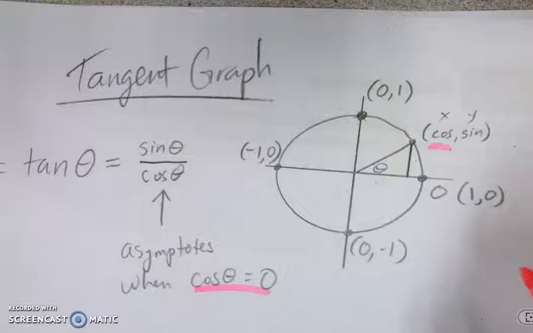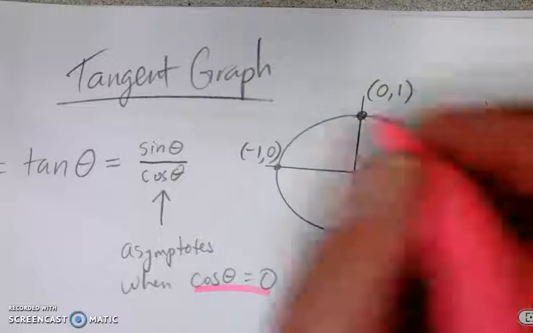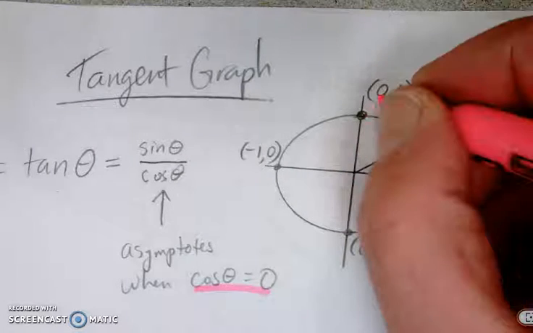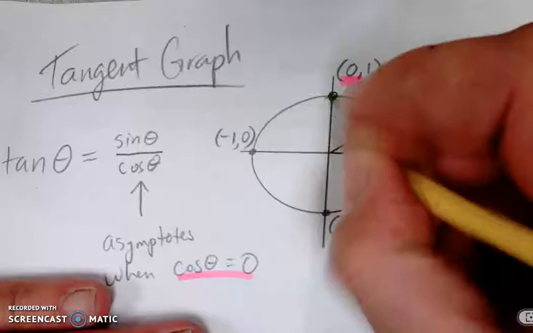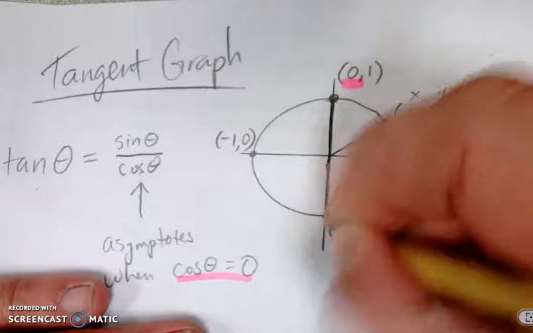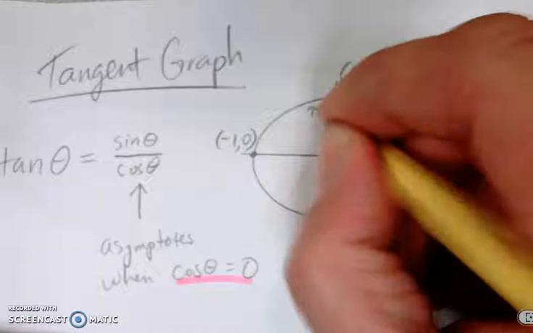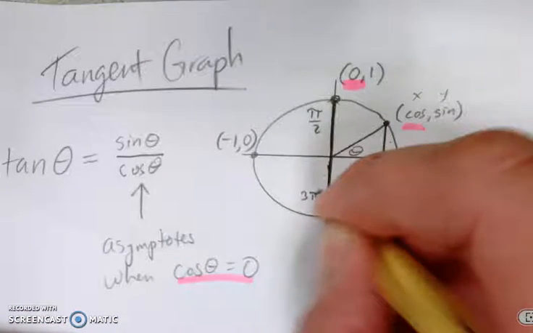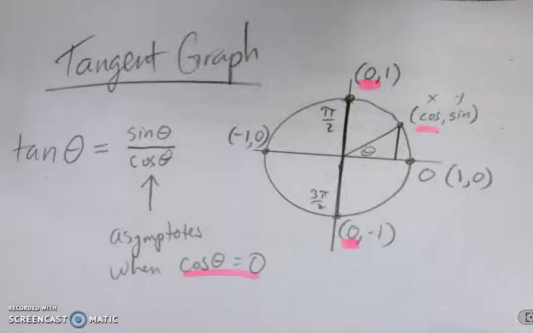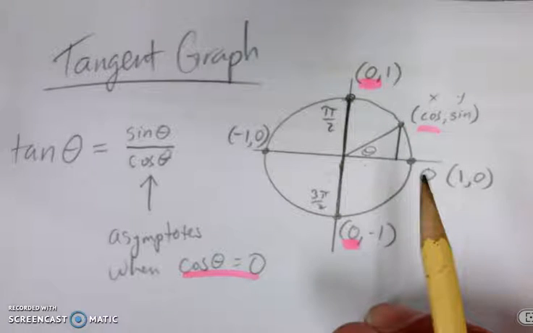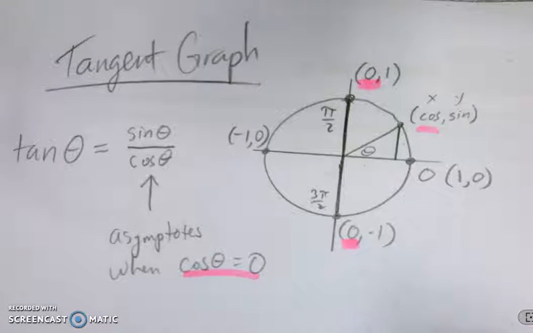So what we're concerned with is, when does cosine equal 0? When would the x-coordinate be 0? Well, as we go around here, there's two locations where this happens. Right there and right there. So if you're straight up or straight down, those are the locations of your zeros. Okay, so what does that mean?